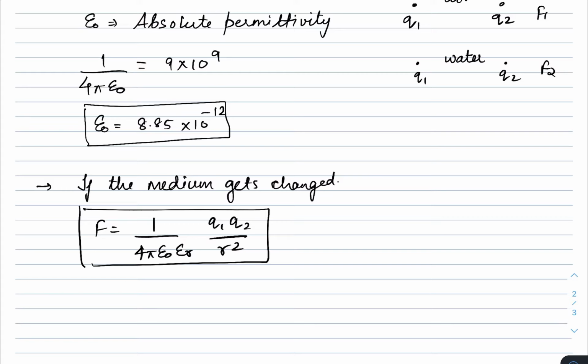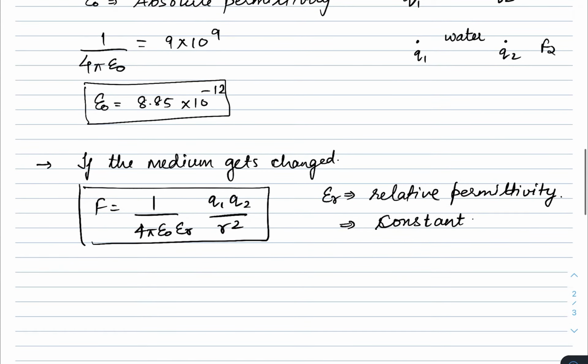Now I have introduced another constant, epsilon r, and this epsilon r is named the relative permittivity. It is basically a ratio, or just a constant value. It does not have any unit.